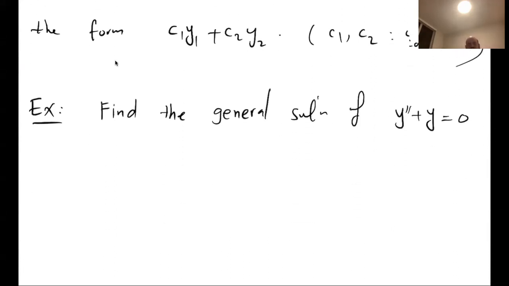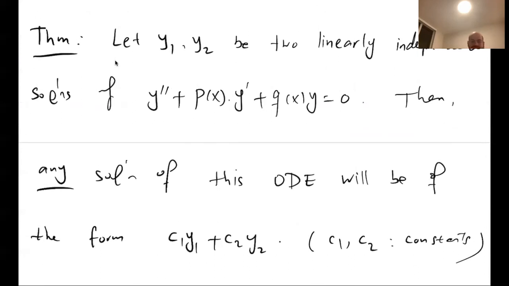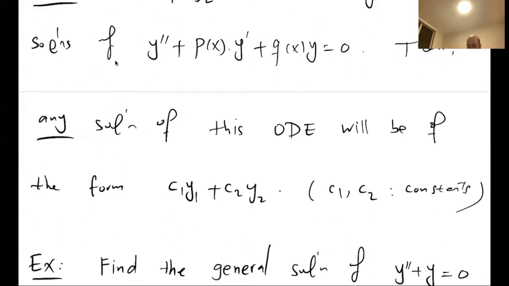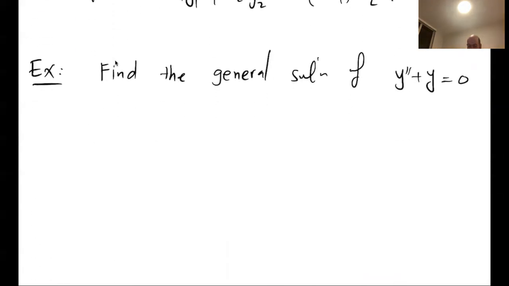So first we need two solutions, y1 and y2, which are linearly independent. It's important that they are linearly independent. Once we find two solutions that are linearly independent, then we can write the general solution as C1 y1 plus C2 y2.